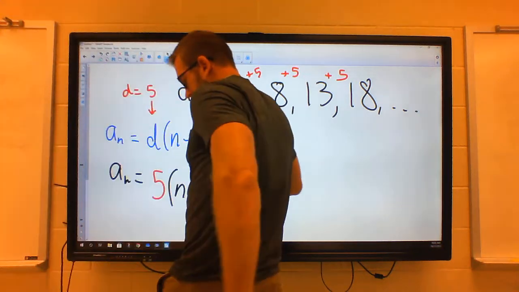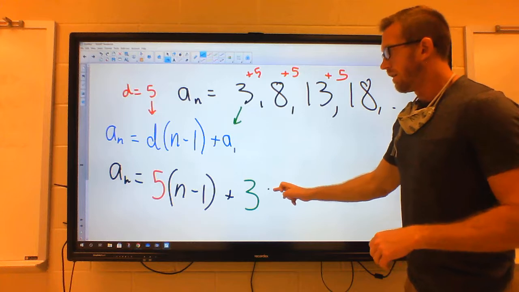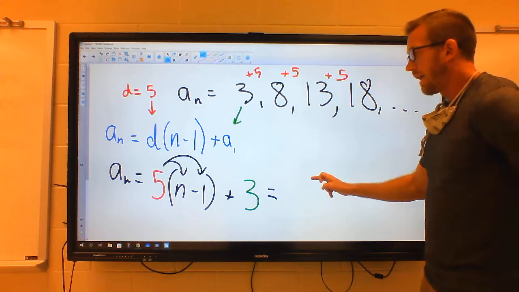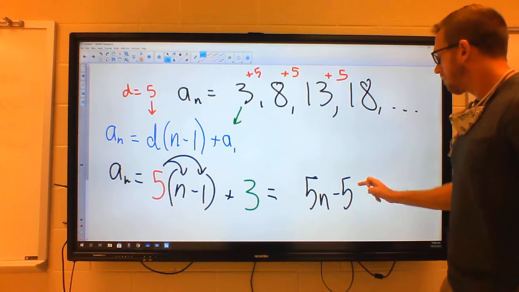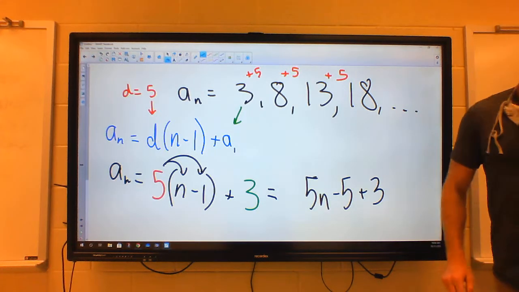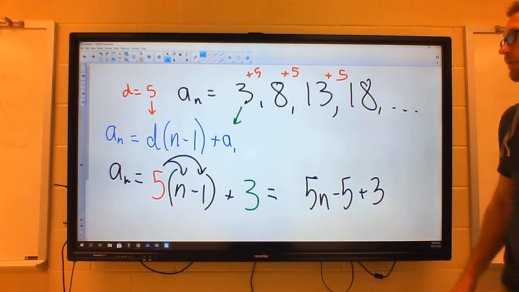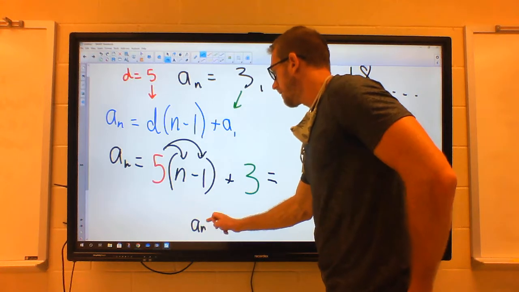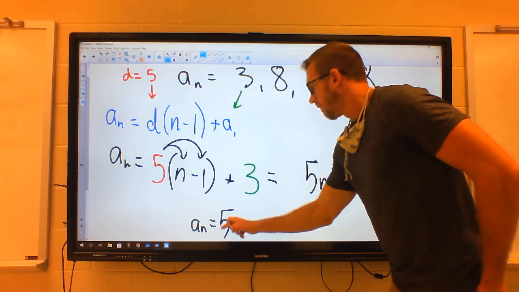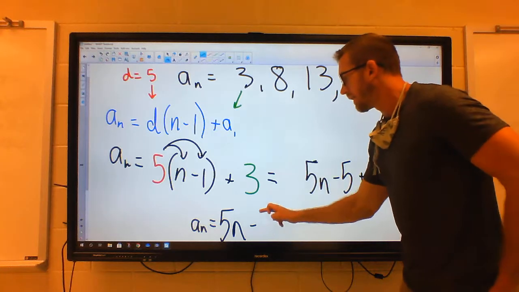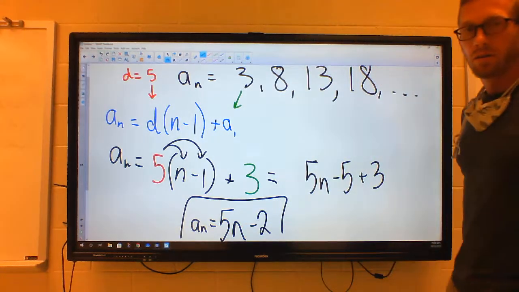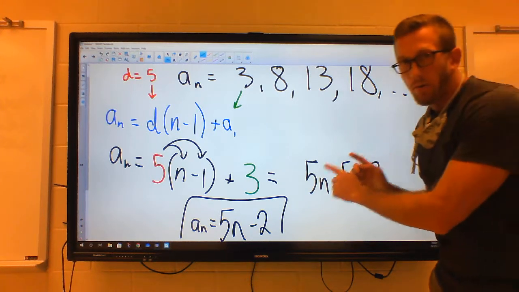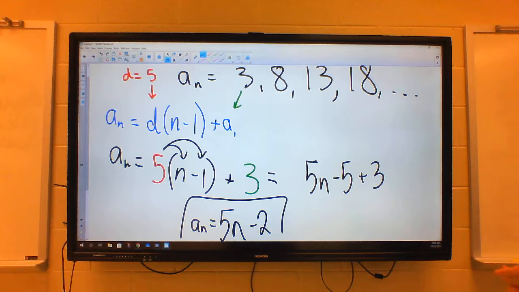I have to distribute this out, and I end up with 5n minus 5 plus 3. So we get an equals 5n minus 5 and plus 3 is minus 2. 5n minus 2. Remember that. Write that down. 5n minus 2.